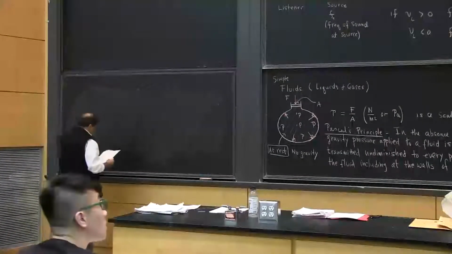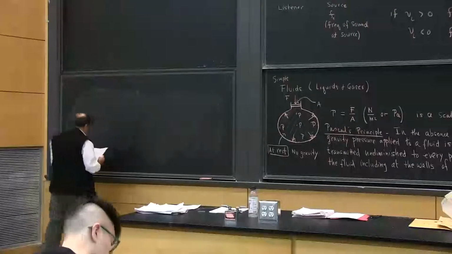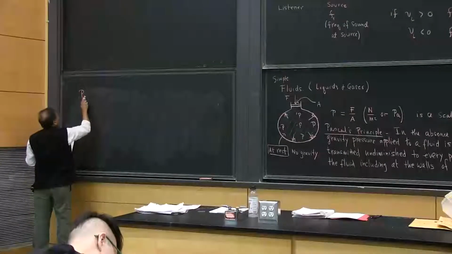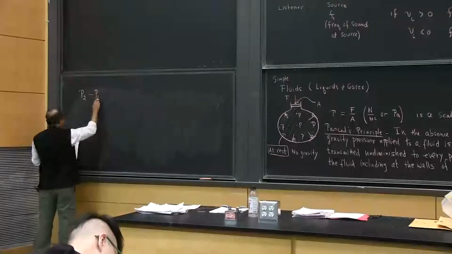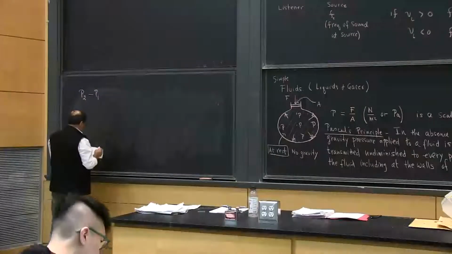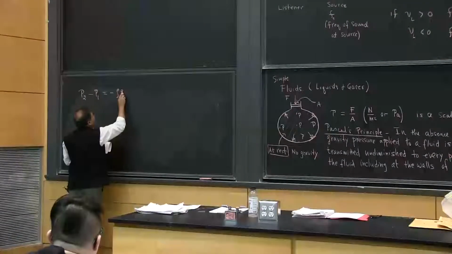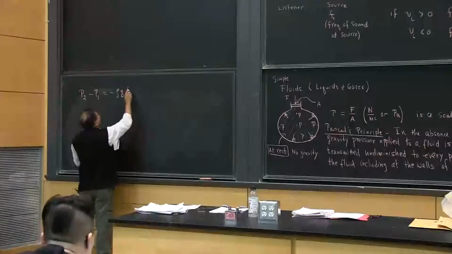So in general, then I should be able to write something like P2 minus P1, P2 being higher and P1 being lower, as minus rho g (y2 minus y1).